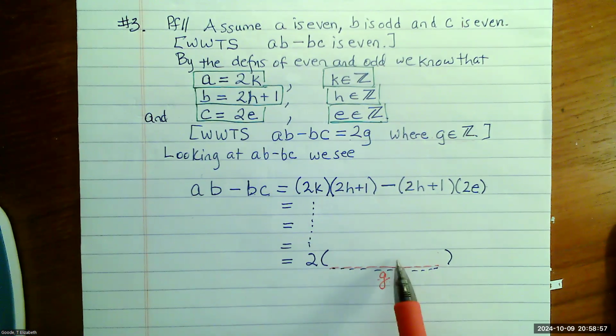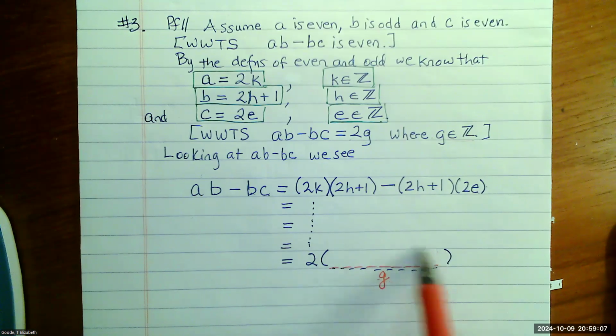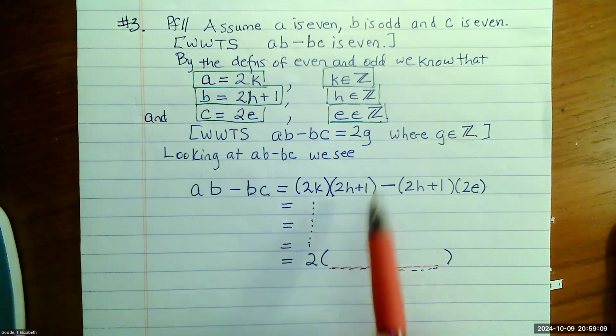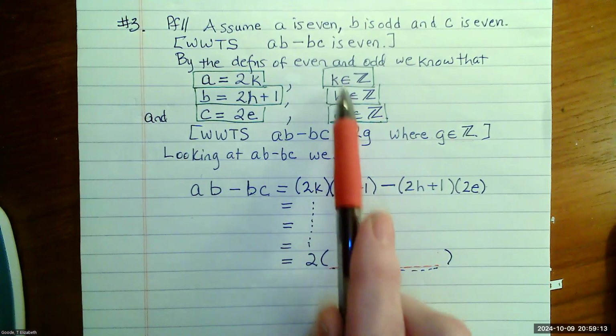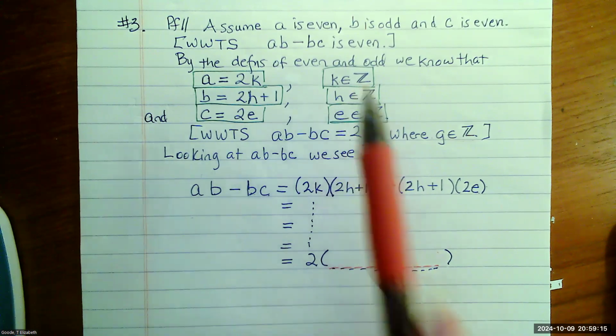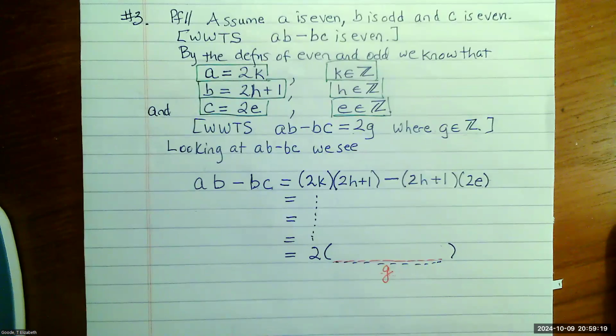And so we talk about why G is an integer because sums and products and differences of integers are integers. That's why G is going to turn out to be an integer, because it's built from integers that are getting added or multiplied or subtracted. I think that should help. You should be able to figure it out tonight.